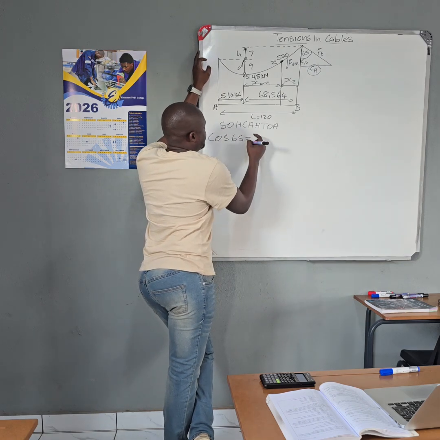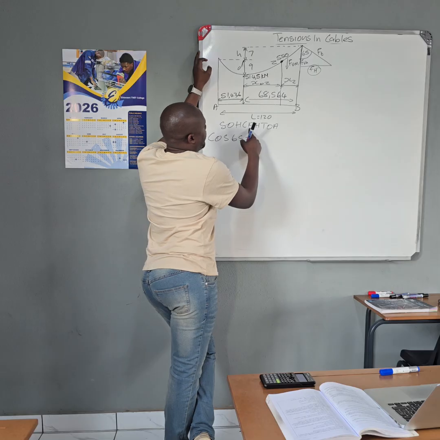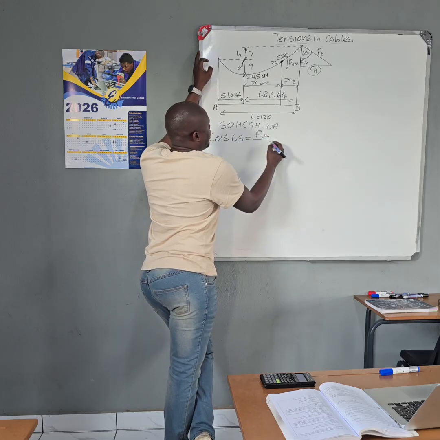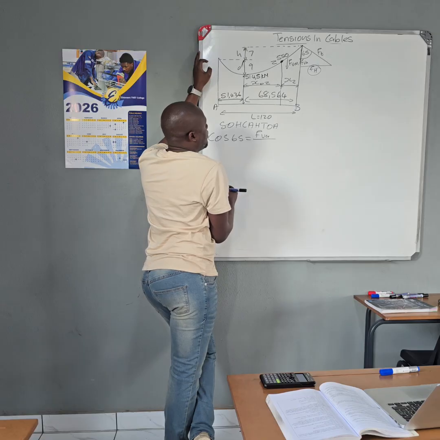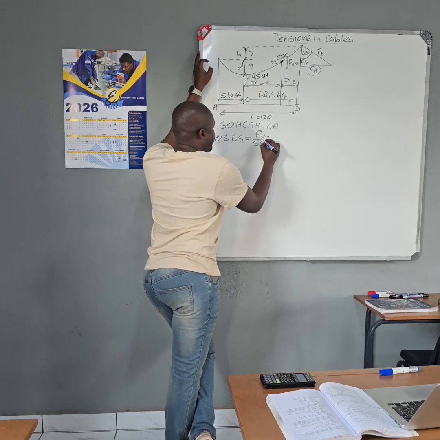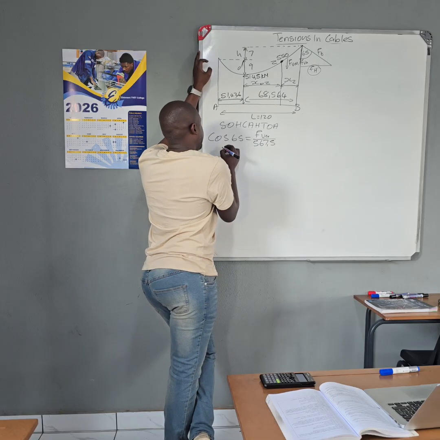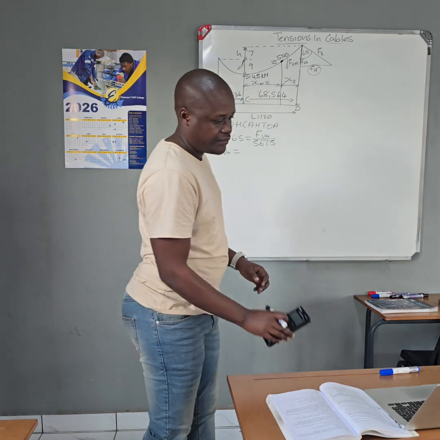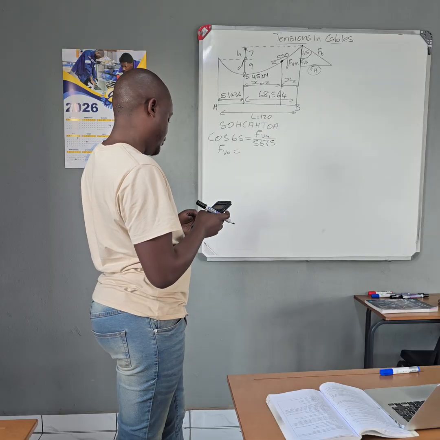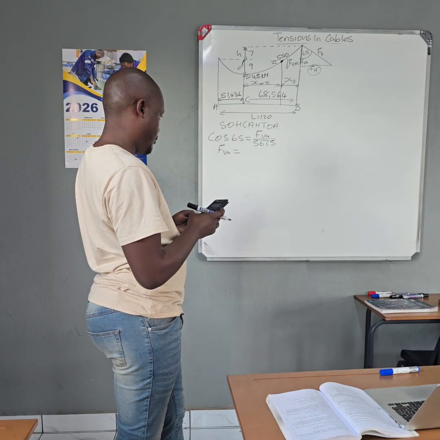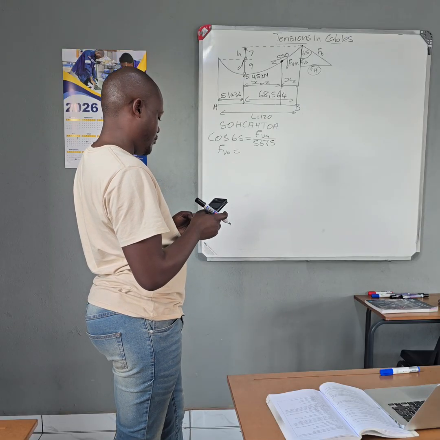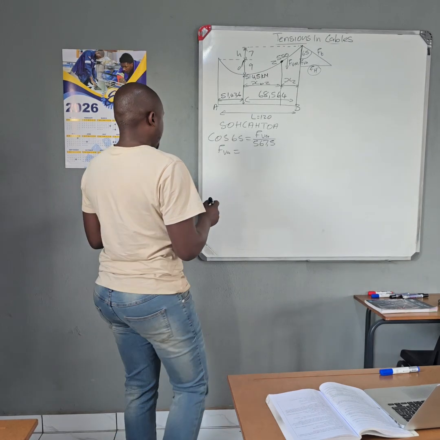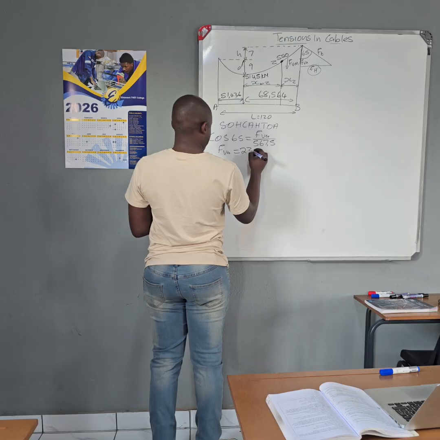Cos of 65 is going to be equal to my adjacent, which is FV of my anchor cable, FVA, all this divided by my hypotenuse, which is 567.5. Then I find FVA to be equal to, you will get 239.835.